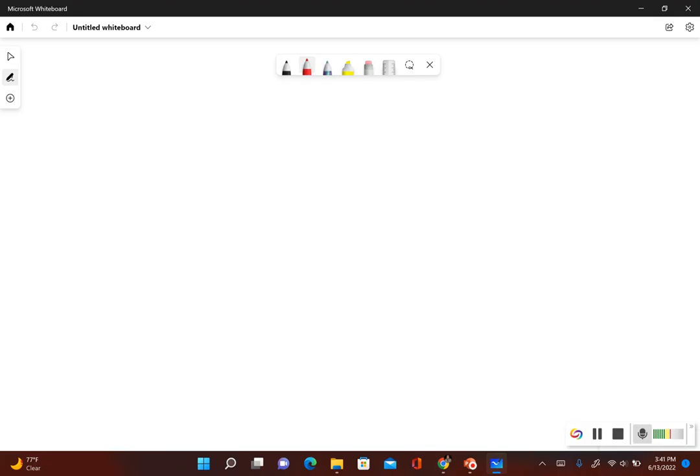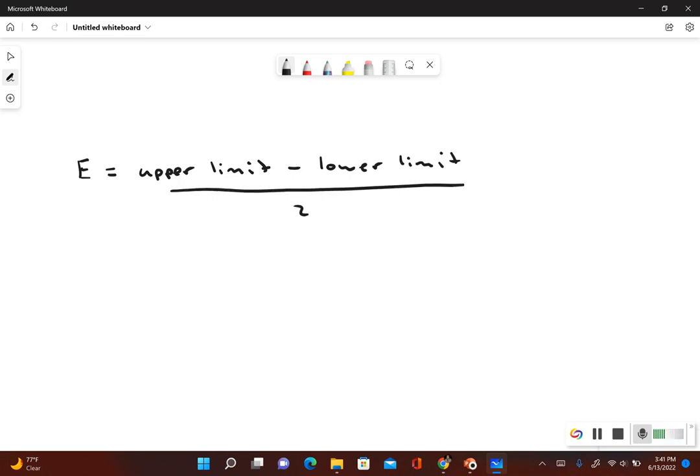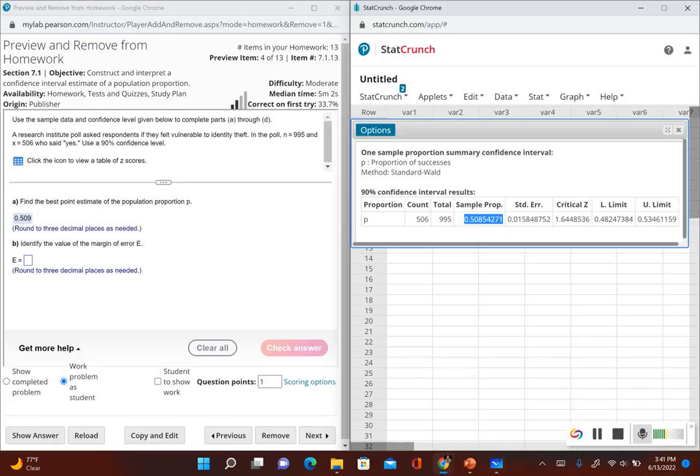So we have E is equal to the upper limit minus the lower limit, and then we divide that by 2. Okay, so let's go back and see what our upper limit and lower limit were. So my upper limit, we'll just go to 4 decimal places just to be on the safe side.